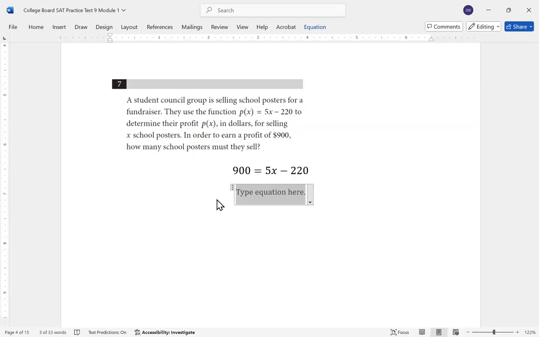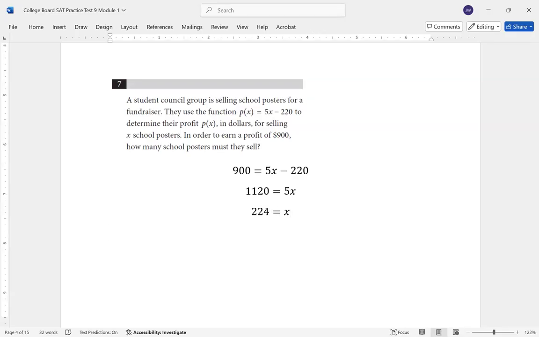So what we would do is we would add 220 to both sides, and that gives 1,120 on the left, and 5X on the right. So when we add 220 to both sides, we get 1,120 is equal to 5X. Dividing both sides by 5 gives me an X value of 224.